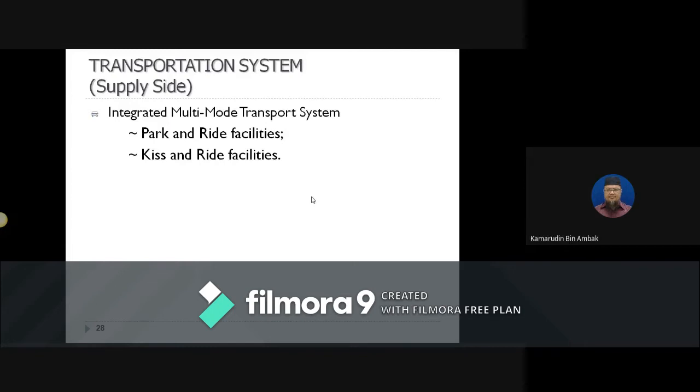Okay, integrated multi-mode transport system. Here we try to encourage personal or private vehicle drivers or users to interchange, to move from their vehicle to another mode of transport.